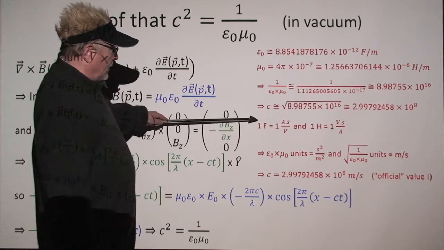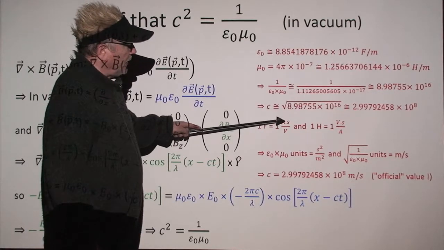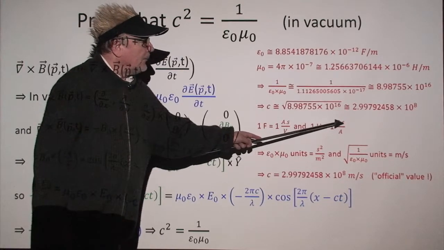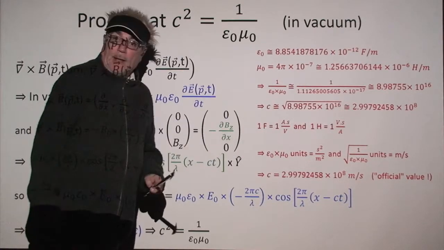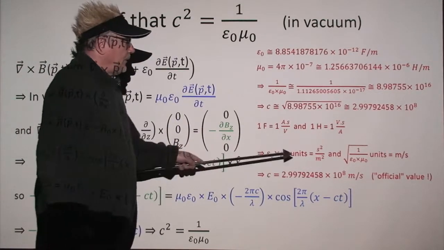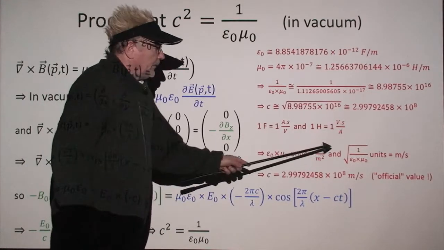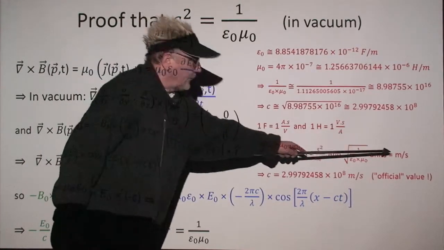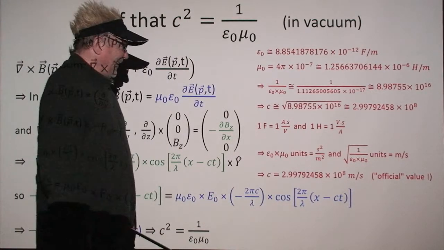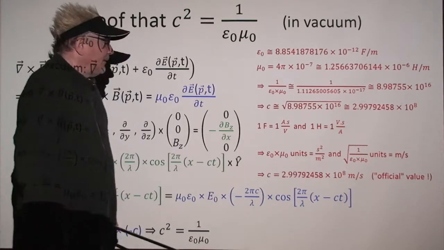Anyway, 1 farad is equivalent to 1 ampere times second per volt, and 1 henry is equal to 1 volt times second per ampere. So if you do the multiplication, you get square seconds over square meters. If you take the square root of the inverse of that, you finally get meter per second, which is good because that's a speed unit. And so c is the speed of light.